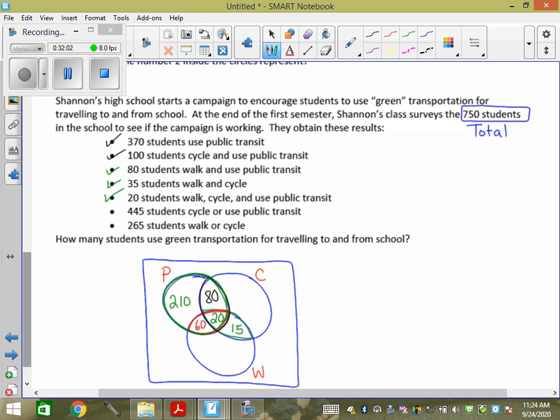So I'm going to try the other one. The other one is the cycle or public transit snowman. Let me use a different color. So the cycle or public transit snowman is this, right? That whole snowman. So please don't exclude the 60, the 20, and the 15. It's the whole snowman, or a snowman and his whole eyeball. We don't have options. We can't change that. You can't pick less things. Can I find this one? How many pieces am I missing in that snowman? 1.